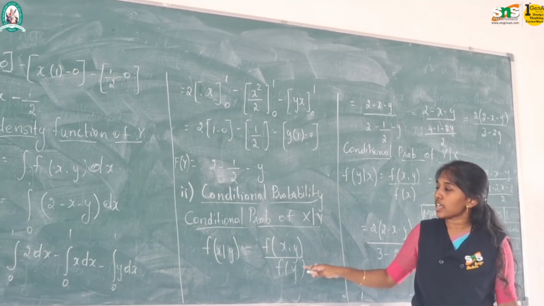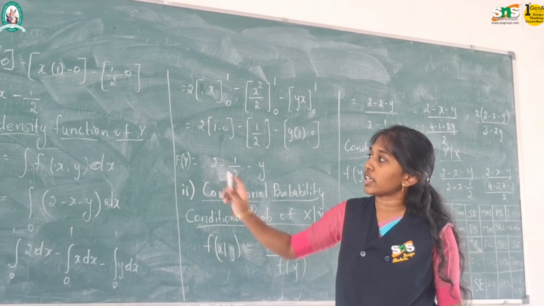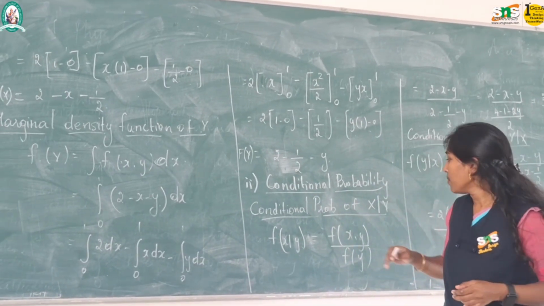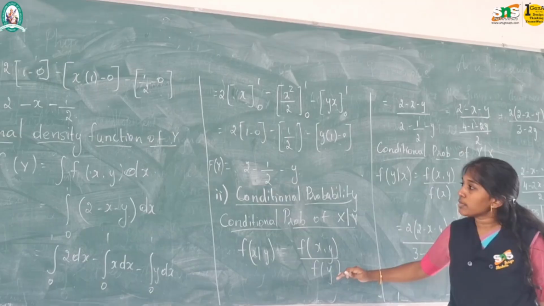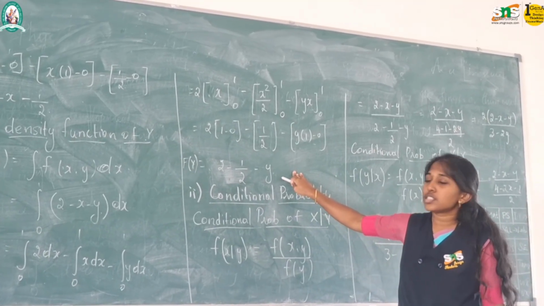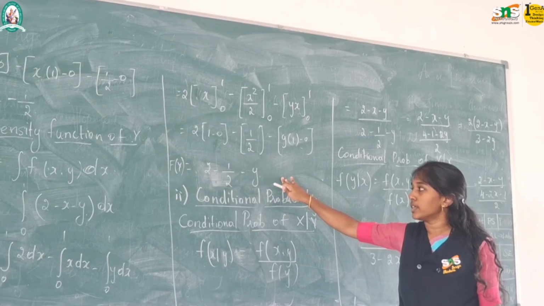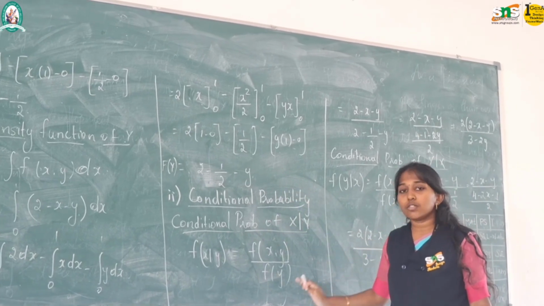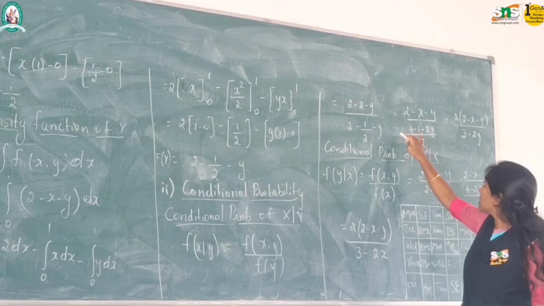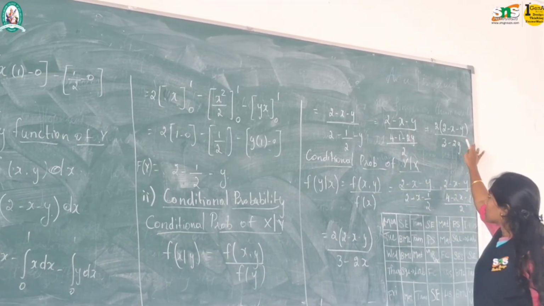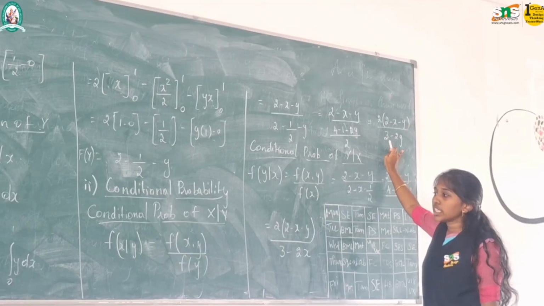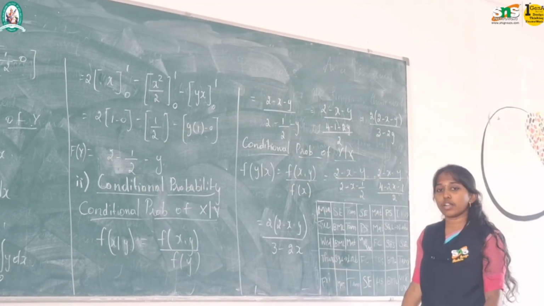Here f of x comma y is given in the question: 2 minus x minus y, divided by f of y, which we just found: 2 minus 1 by 2 minus y. Substituting the two values and simplifying, I get 2 into 2 minus x minus y divided by 3 minus 2y. So this is the answer for the conditional probability of x given y.